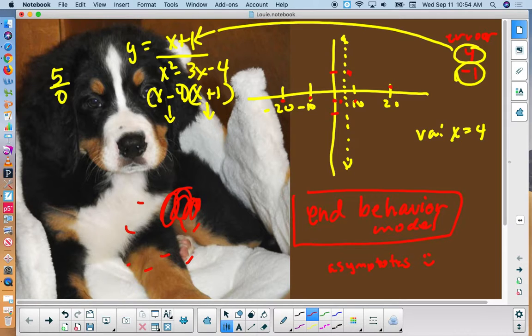Now put in 4.5. 4.01. Okay, so I'm getting closer to 4 and I'm getting carried off to infinity. Do y'all see that? It didn't look like it at first, but until we investigate what's going on at this weird place 4, it's going off to infinity.